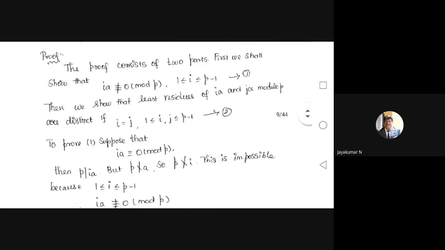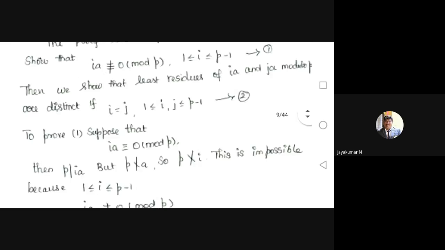For proving equation 1, it can be proved by the method of contradiction. Suppose we have assumed ia is congruent to 0 mod p.